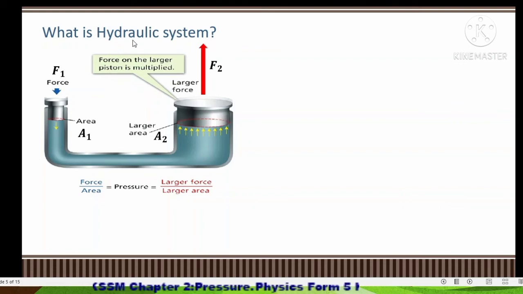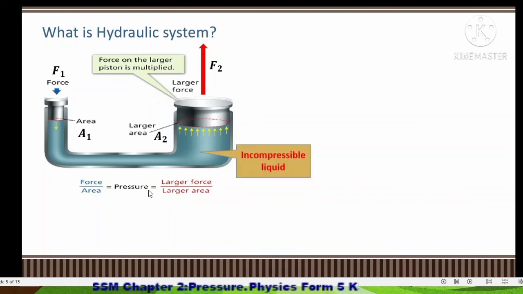The function of a hydraulic system is to produce a larger output force, meaning applying a smaller input force produces a greater output force. Pressure is equal to force divided by area. So it's also equal to larger force divided by larger area for the second piston.